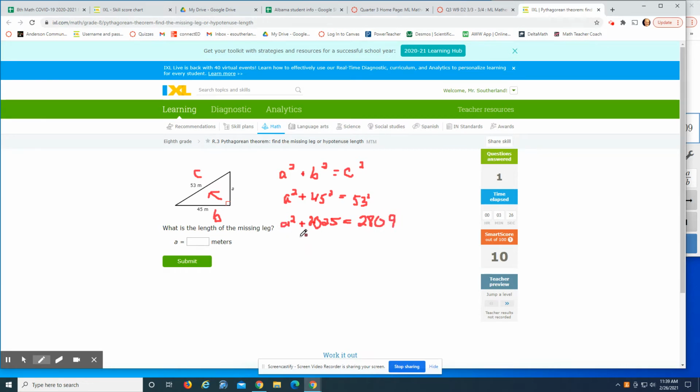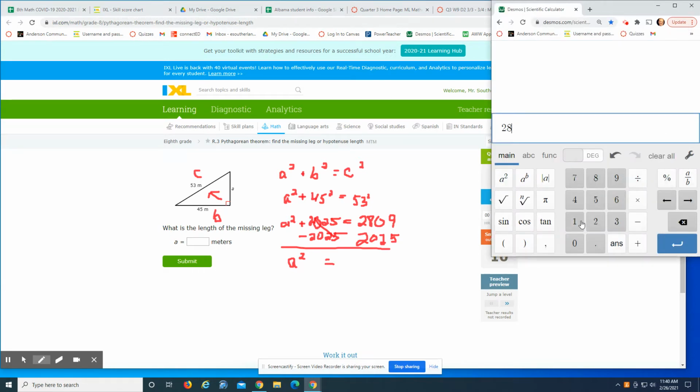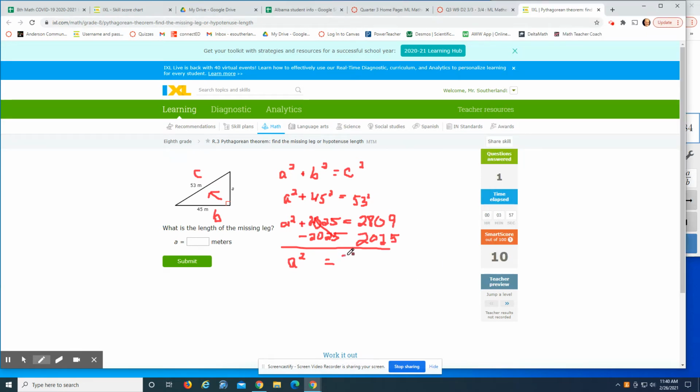And then we want to get A squared by itself, so we're going to subtract 2025 from both sides. Use our skills from equations. And so A squared is going to drop down. These are going to cancel. The equal sign drops down. 2809 minus 2025 is 784.